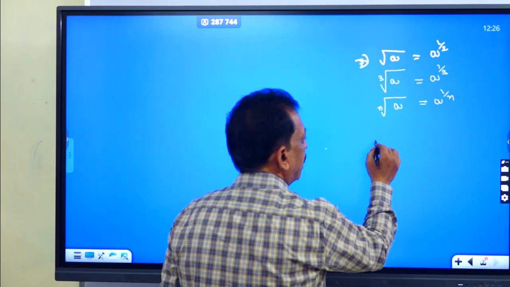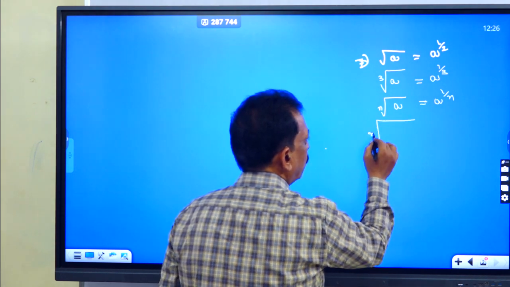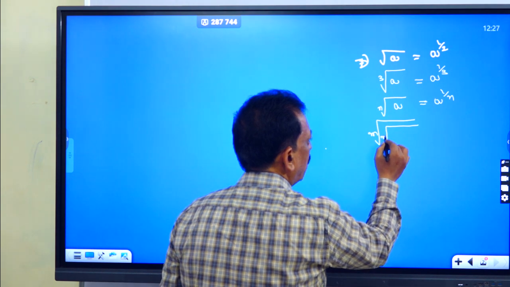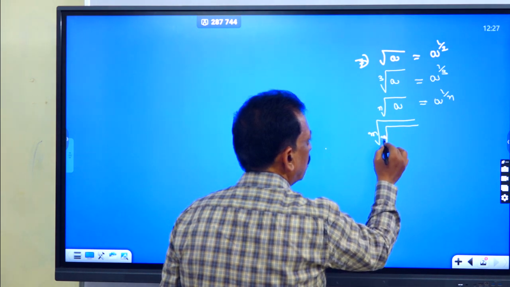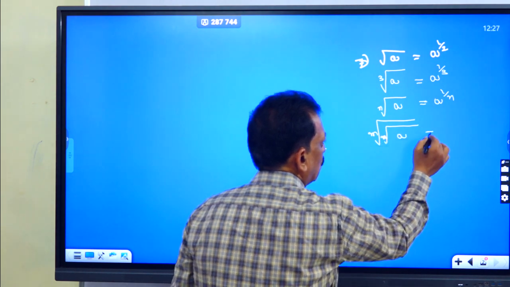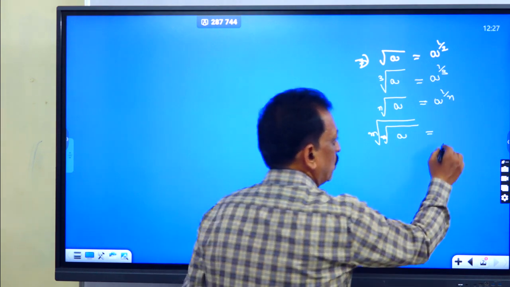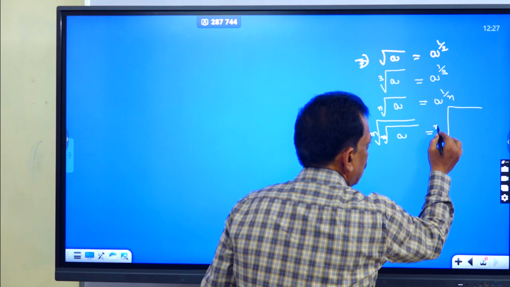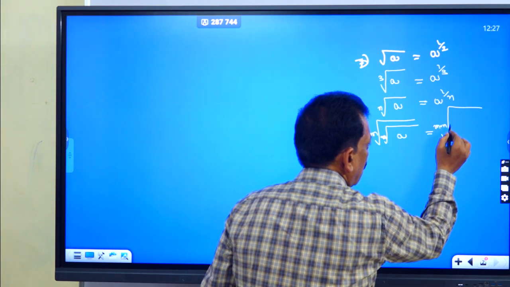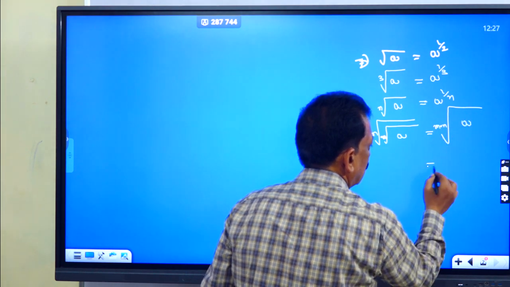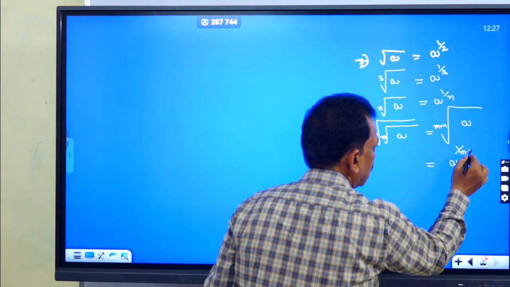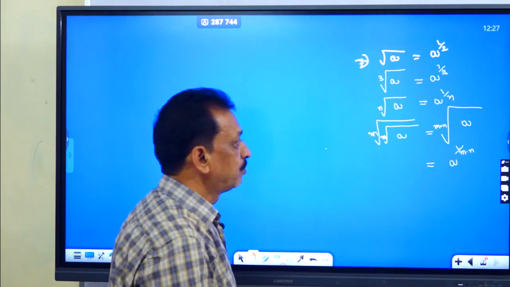Now, I write the m-th root of the nth root of a. You can write it like this: that is equal to a to the power of 1 by m into n. That is also correct.